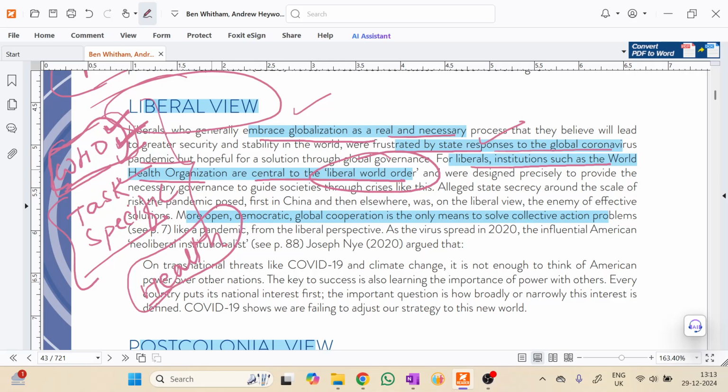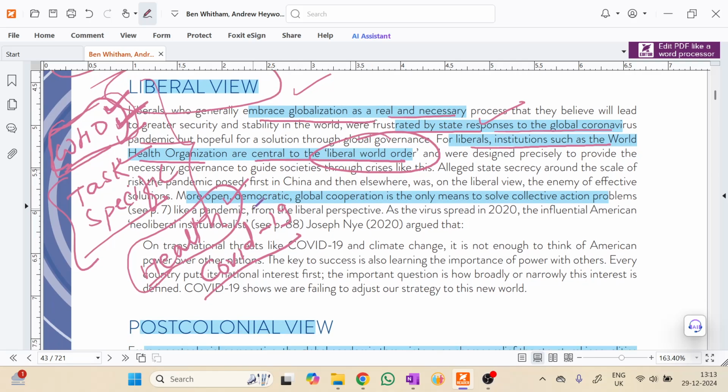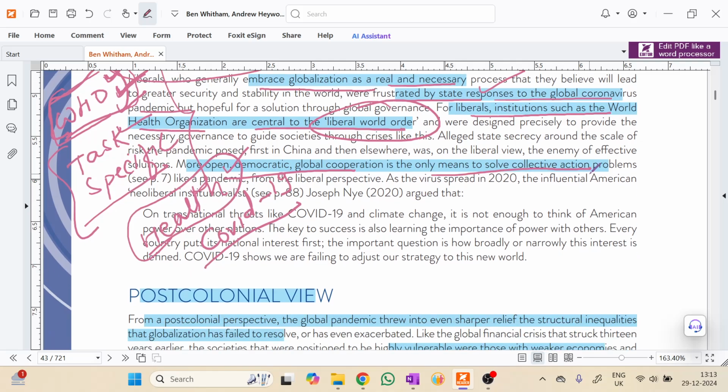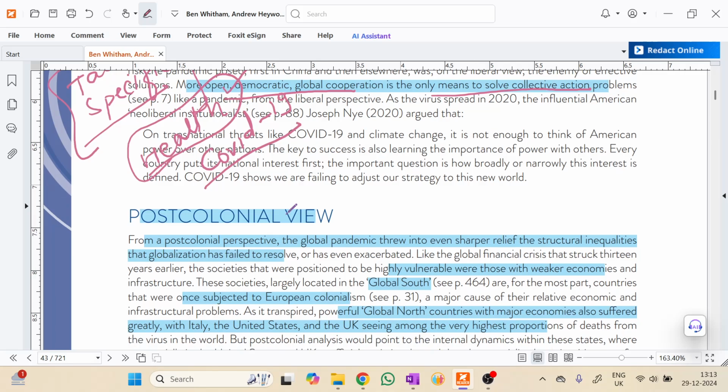But in the COVID-19 pandemic, we have seen instances when the health issue was politicized and used as such. They also believe that more open, democratic, and global cooperation is the only means to solve collective action problems such as those of pandemic, global warming, climate action, terrorism.